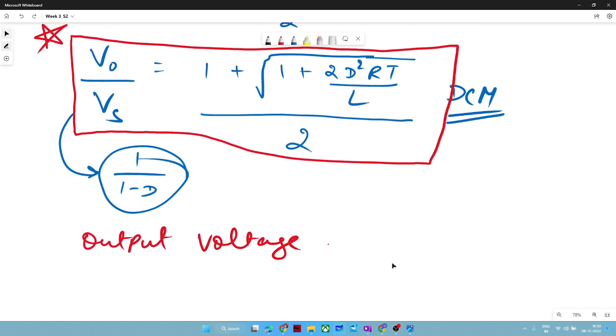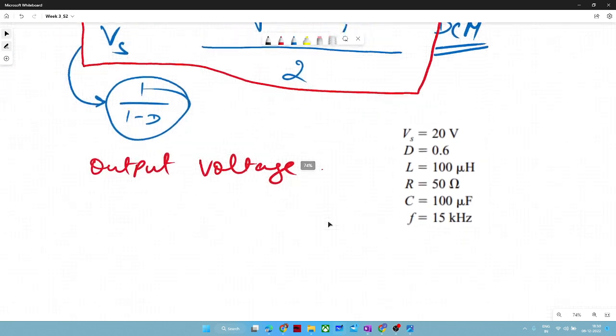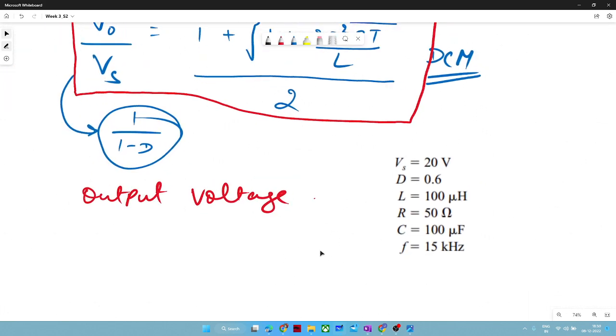Our values were something like this. So now we need to find out the V naught, which you can easily find.